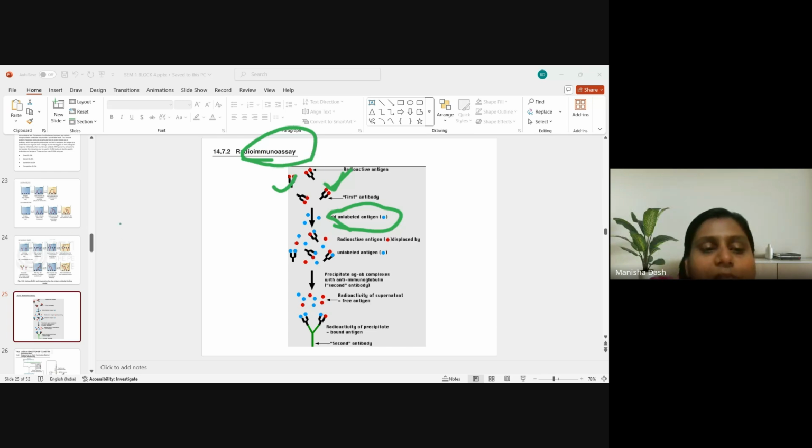You have mixed the radio labeled antigen, or radioactive antigen, with the specific antibody. Then you add that antigen-antibody mixture to the microtiter plate, and then you are giving the suspected antigen, where you allow them to compete and replace each other, that is, compete for binding with the respective antibodies.